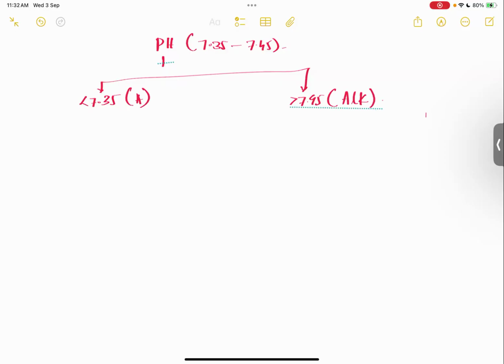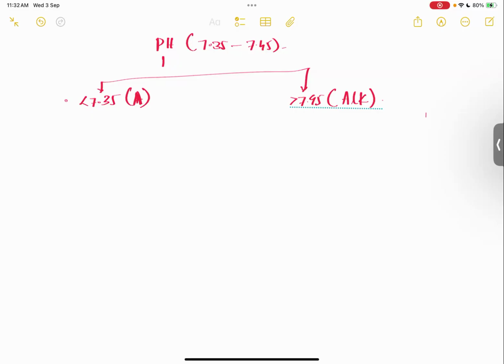So what is the cause of acidosis? We have two, right? Either respiratory or metabolic. So how do we know what is the cause and what is the compensation?